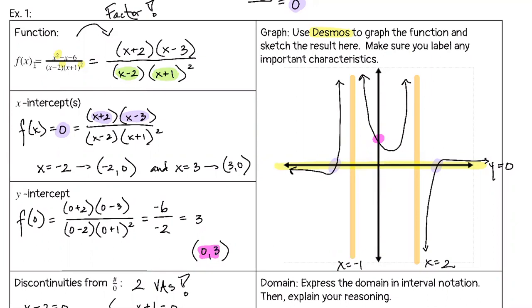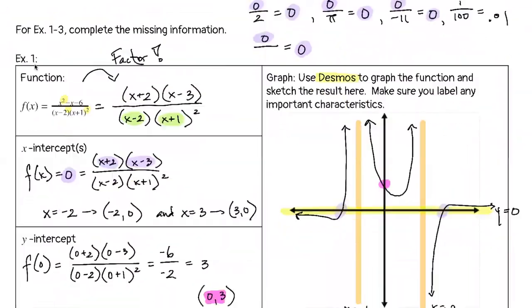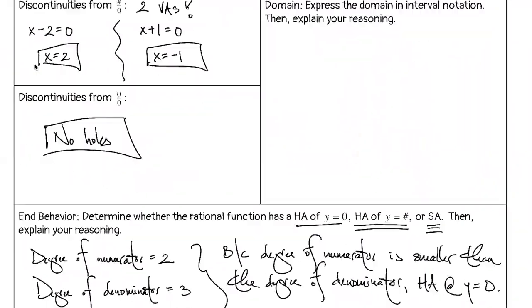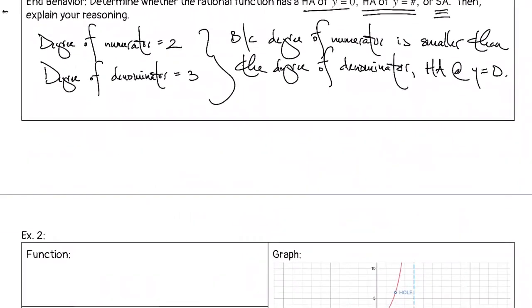You cannot cross a vertical asymptote. However, you can cross a horizontal asymptote. All right, and here's a picture to help us think about why that is. I didn't say that it doesn't cross it.